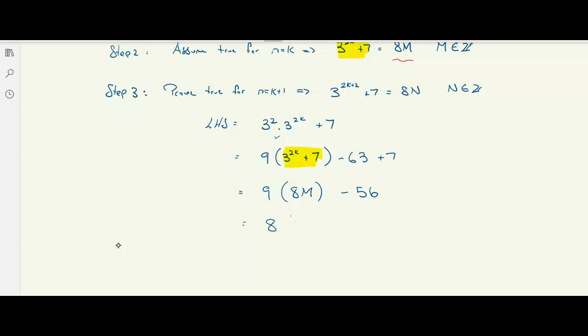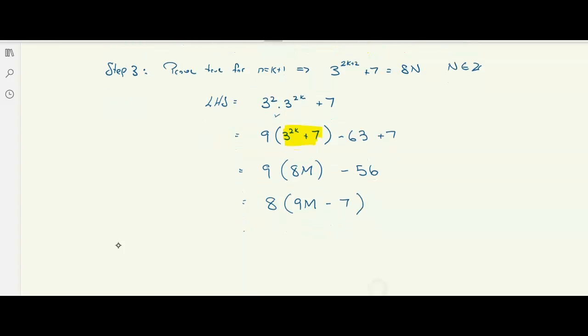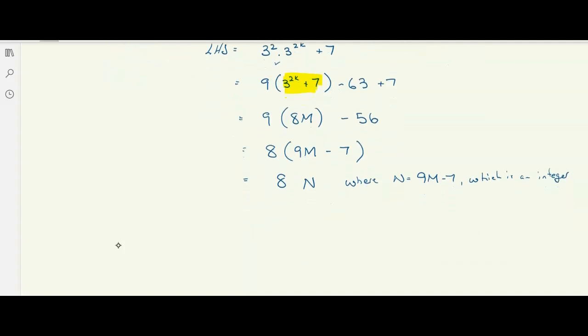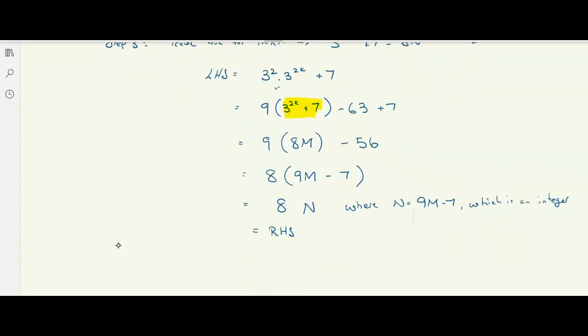So taking the 8 out, I'm going to end up with 9m minus 7, which is equal to 8 times n, where n is equal to this 9m minus 7, which is an integer, since m is an integer, you see. All right, so that's equal to the right-hand side. And so we have proved it.